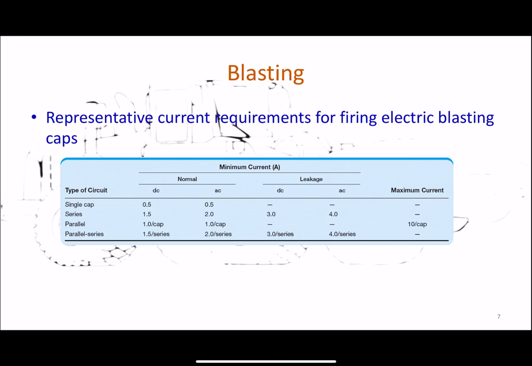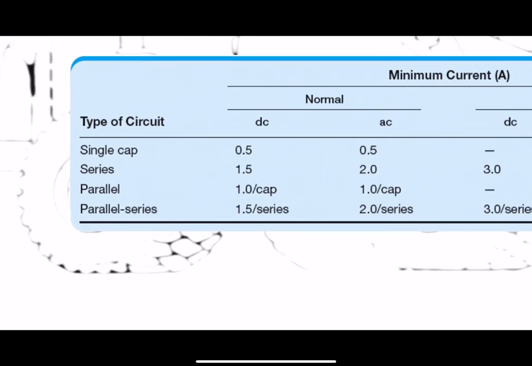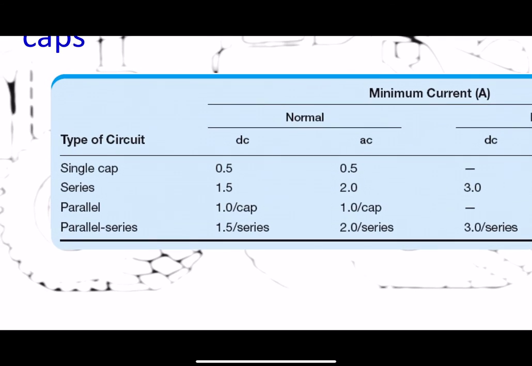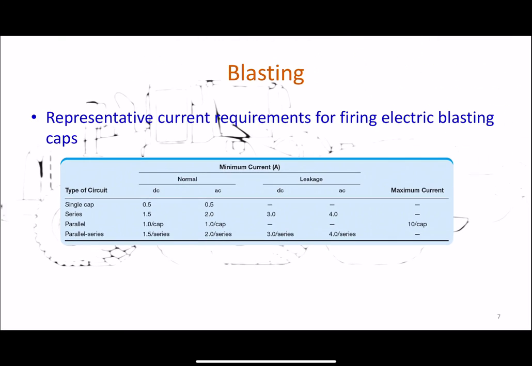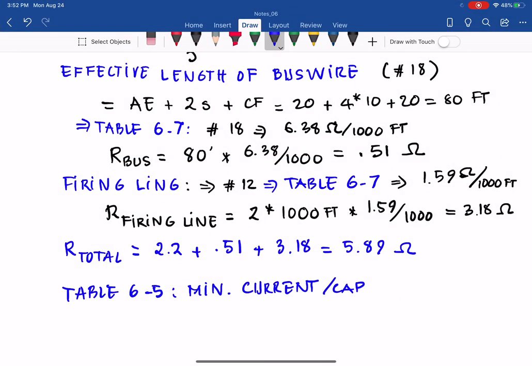So it will be 1.5, the unit is ampere per series. You see that 1.5 ampere per series. That's the minimum current we have to maintain. So that one here is equal to 1.5 ampere per series.